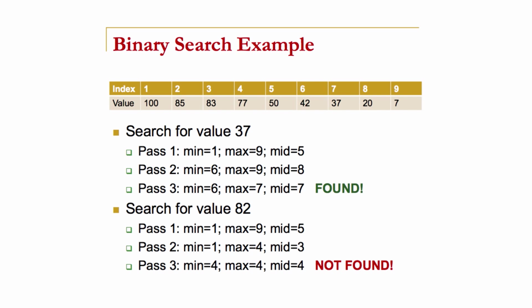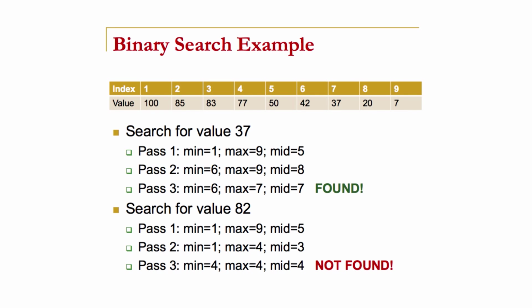So in the second pass now, min is 1, max is 4, and rounding up, the index in the middle would be 3. Looking at the value at index location 3 being 83, and I'm looking for 82, I know that 82 must be to the right of index location 3.